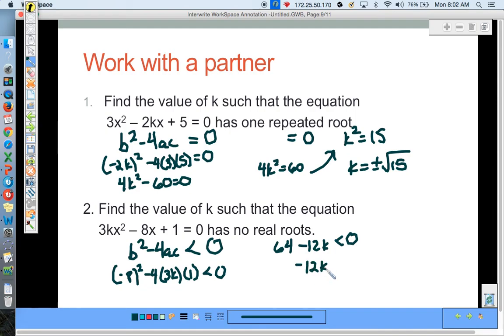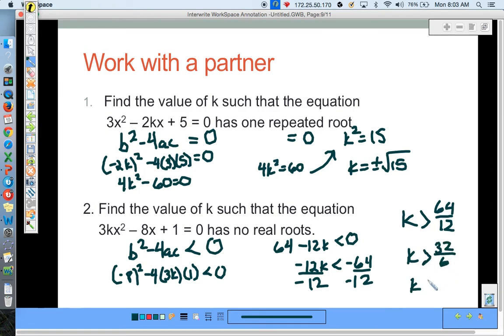So negative 12k is less than negative 64. And then when we divide by a negative, you have to remember we have to switch the sign. So k is greater than 64/12. So k is greater than, let's see, 32/6. Cut it in half again. K is greater than 16/3.